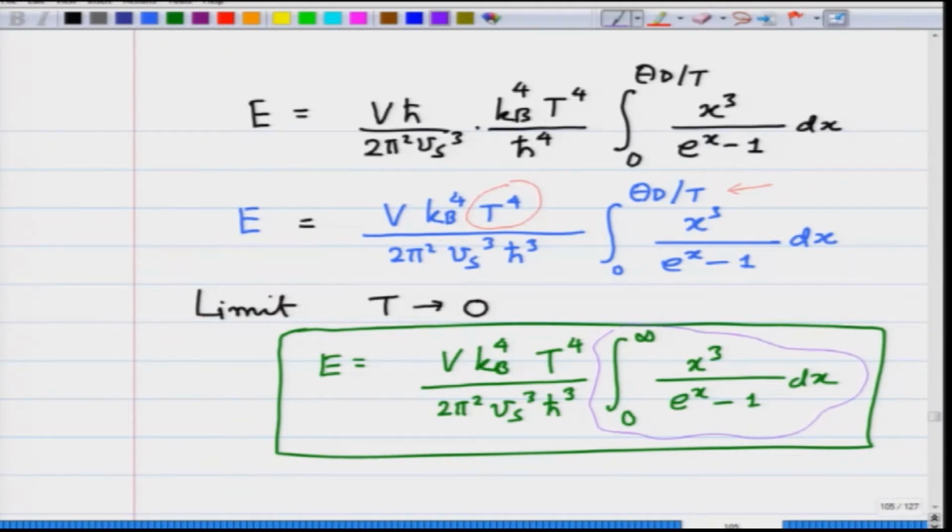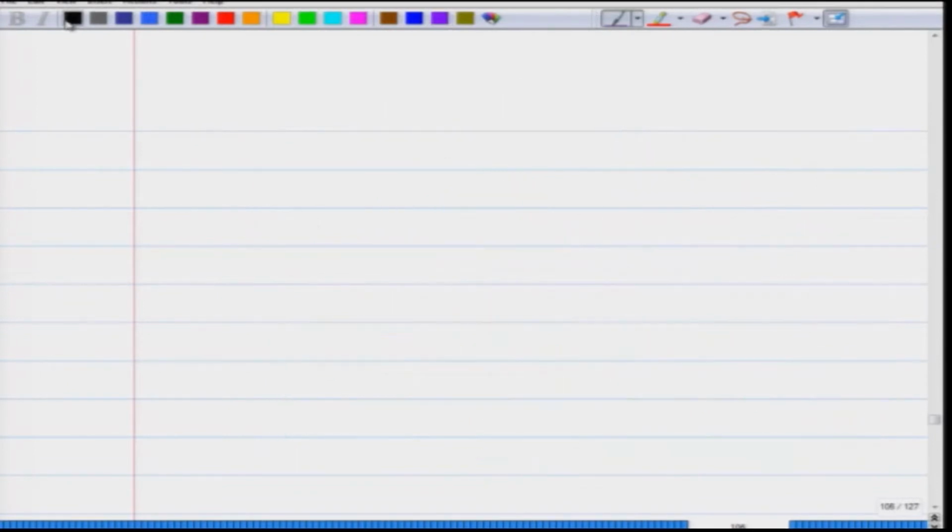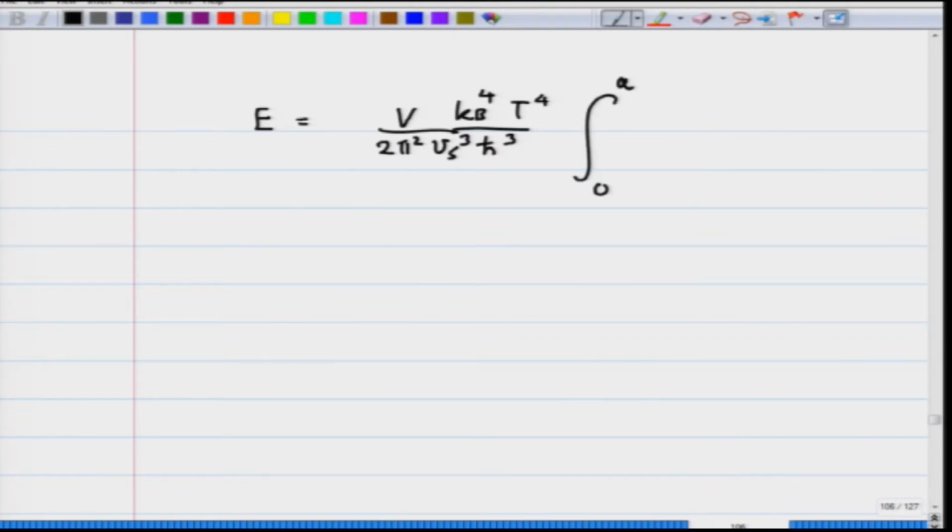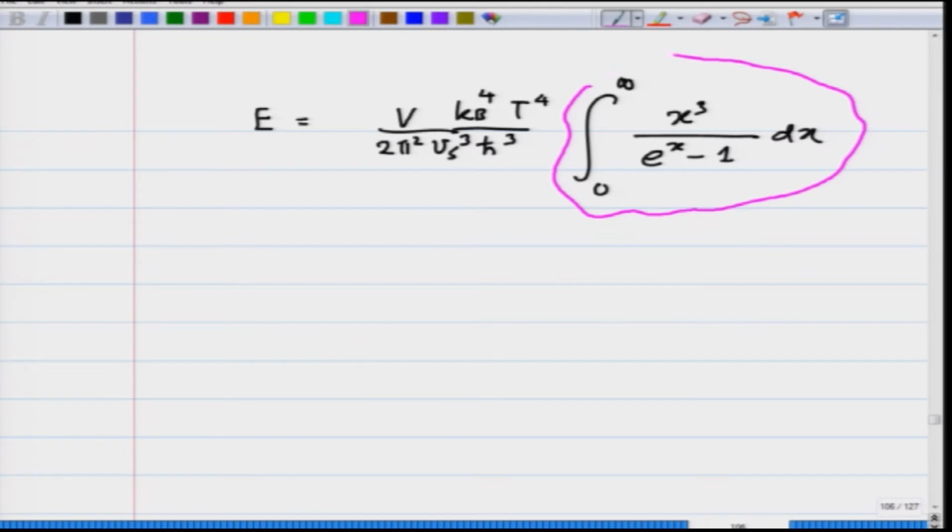On the other hand, if the temperature becomes very large, then the upper limit becomes very small. So, in the limit of T going to 0, I have E, which is V over 2 pi square v s cube h cross cube k b raised to 4 T raised to 4 integral 0 to infinity x cubed over e raised to x minus 1 dx. This number is well known. The value of the integral is pi raised to 4 over 15, but anyway this is a constant.